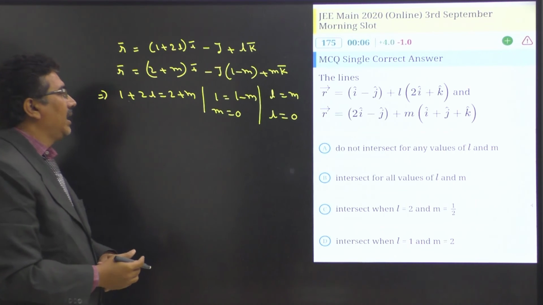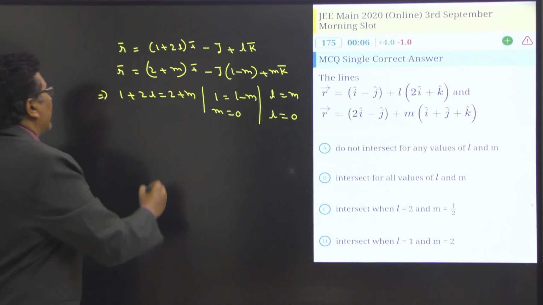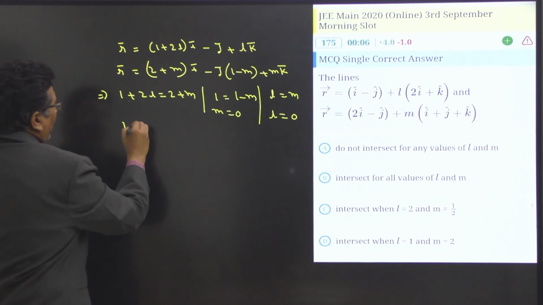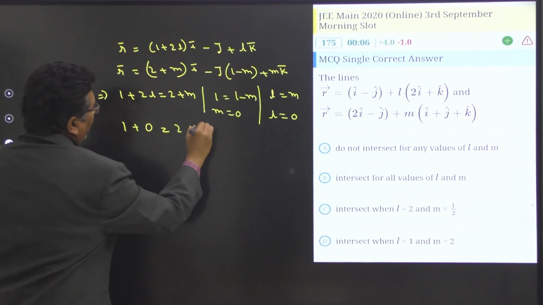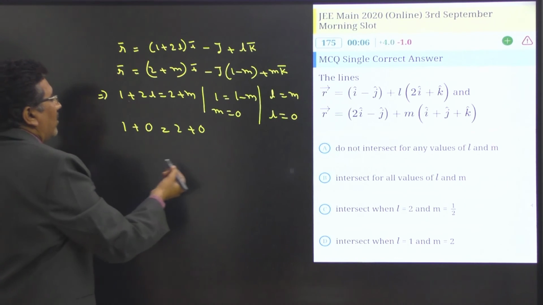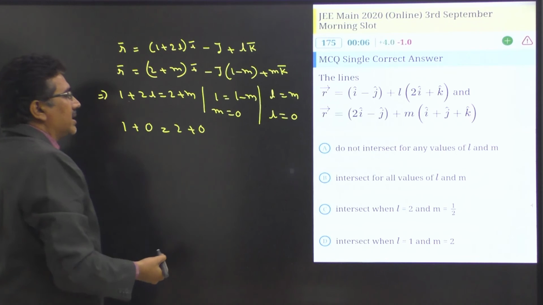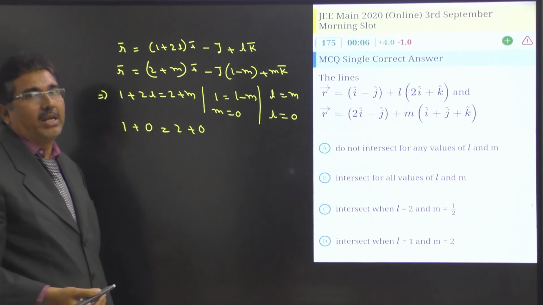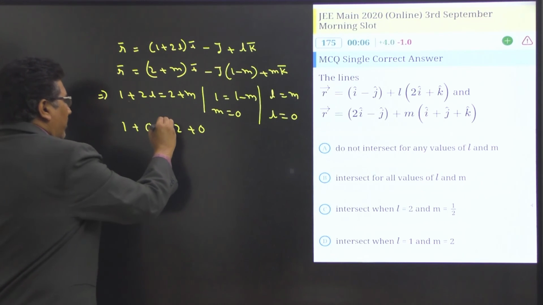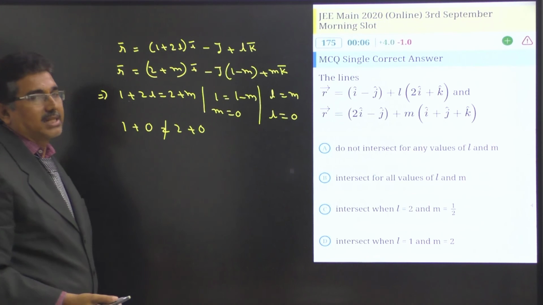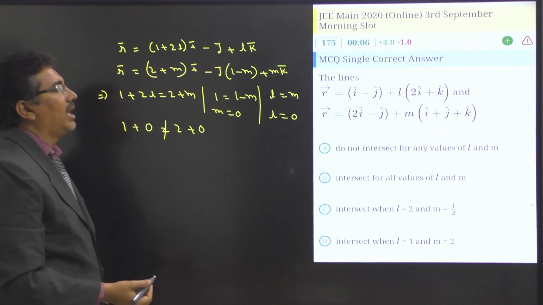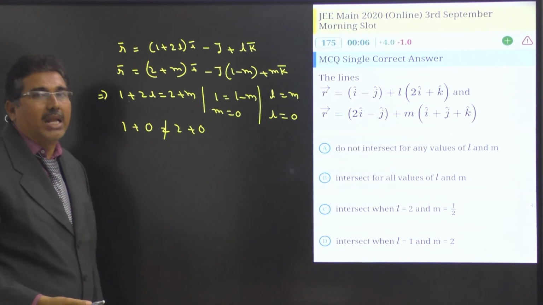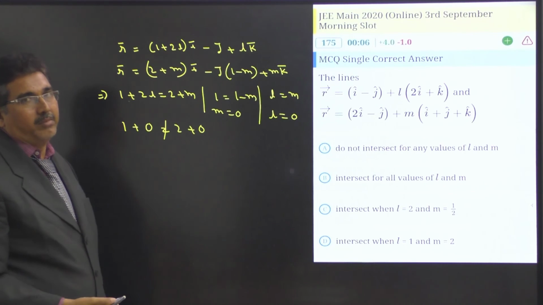See, put L equal to 0 and M equal to 0 in this one: 1 plus 0 is equal to 2 plus 0, so 1 is equal to 2. It is not possible. So the two given lines do not intersect for any values of L and M.